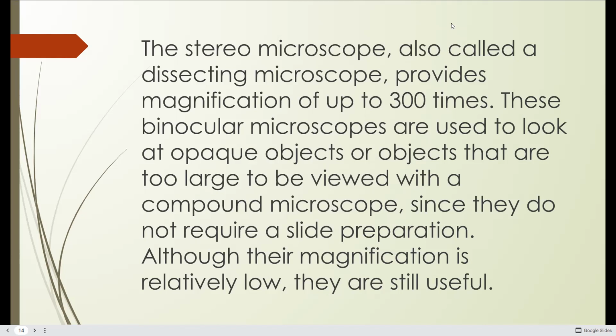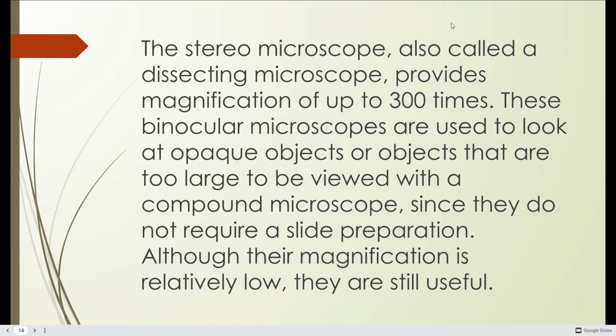It provides magnification of about 300 times. These binocular microscopes are used to look at opaque objects or objects that are too thick for light to pass through.